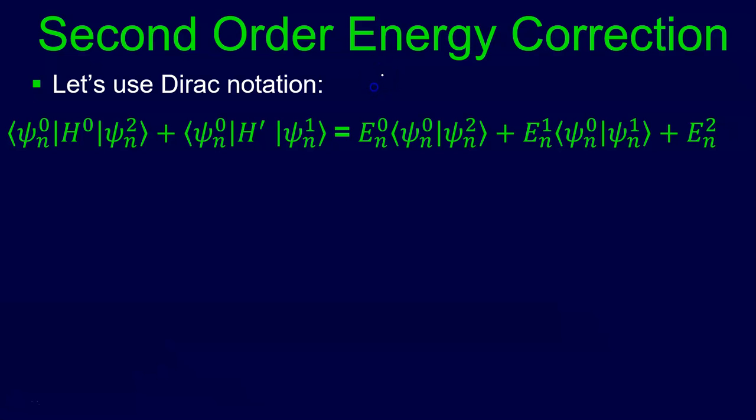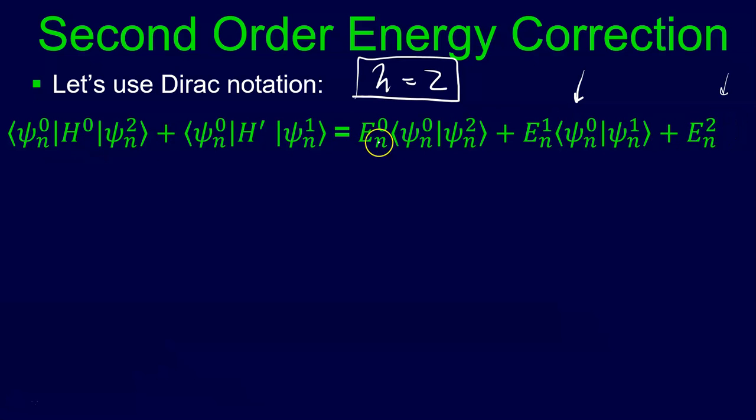If you go back in the presentation, we had the equation for lambda equals 2, our second-order equation, so I've written that out. I put it in Dirac notation, and just like before, I multiplied both sides by psi n 0. The inner product over here is equal to 1.